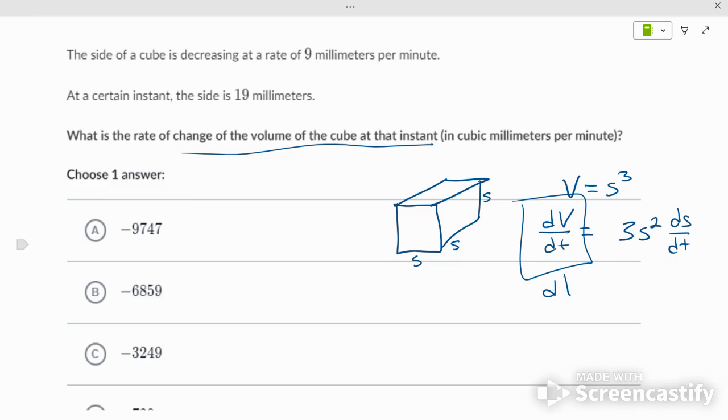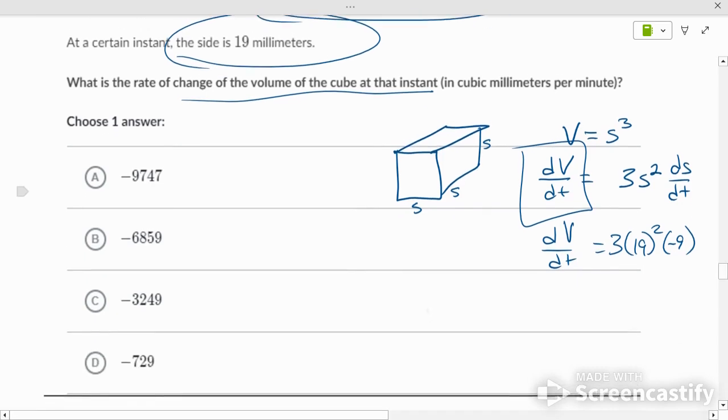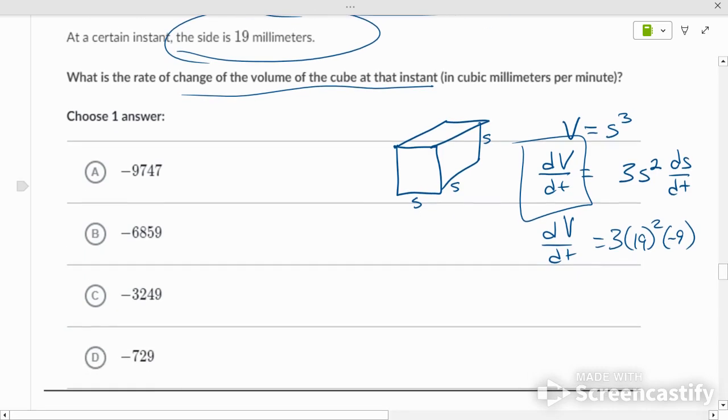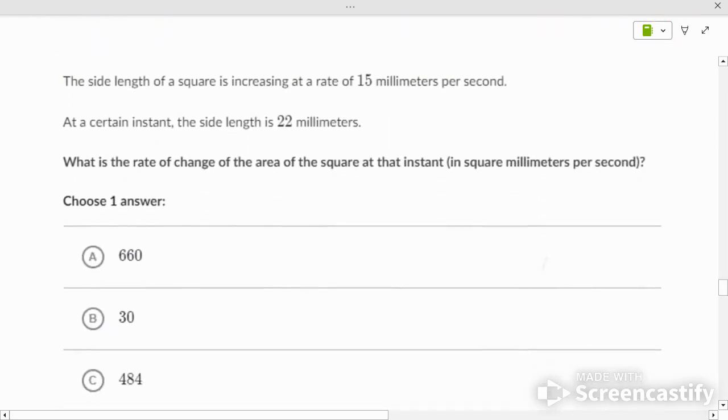At a certain instant where the side is 19 millimeters, well, this is 19 squared then, right? And it's decreasing at a rate of 9, so it's negative 9. There. So you just do the math and figure out the number. Which number is it? It is A. Okay? So just being able to set up the formula is the big part.